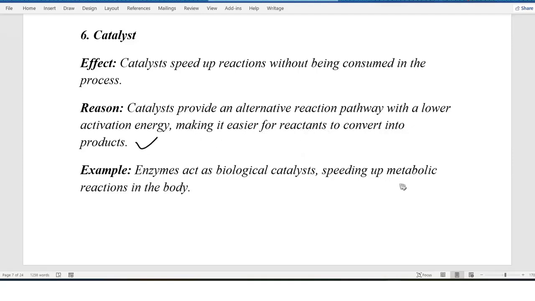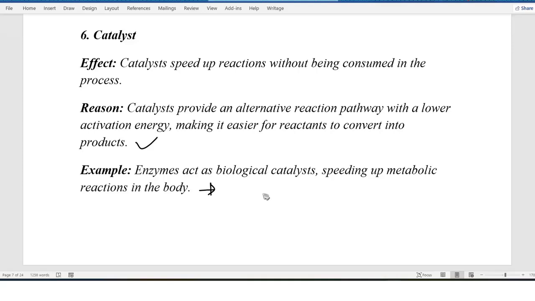products. So an example that we can take is the enzymes that act as biological catalysts, speeding up the metabolic reactions in the body. An example are those enzymes that work on food substrates during digestion. An example can be butyrene, of course.